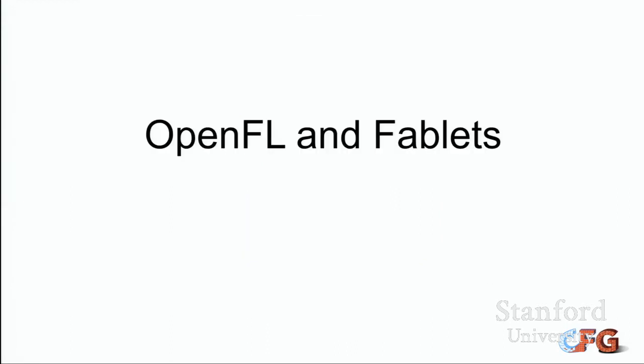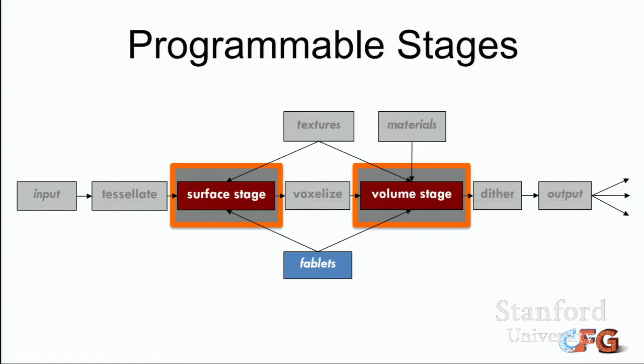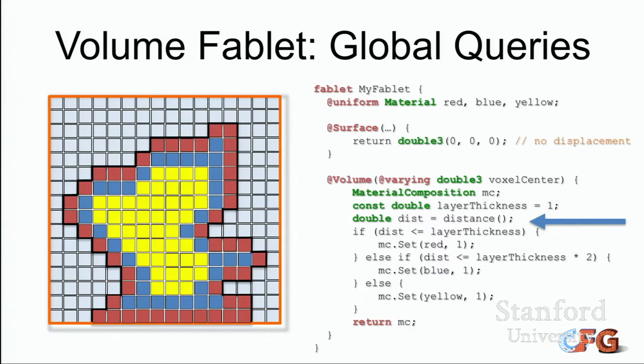I would like to talk about OpenFL. This is our DSL for specifying these phablets. As you can see, we have one phablet per object. It has 2 entry points, surface stage and volume stage. I would like to show it on a very, very simple example. Building layered composites is a very important feature here.